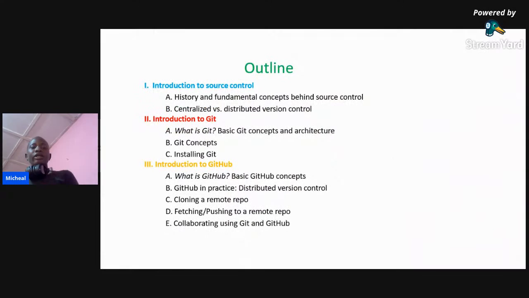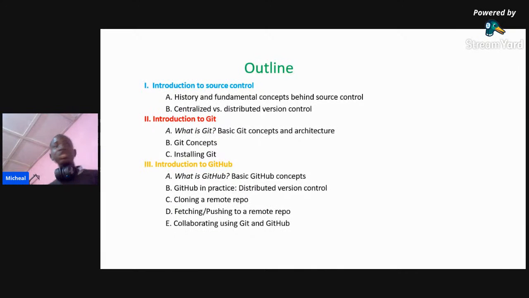Now, this is the outline for the session. Firstly, we have an introduction to source control, and we'll be talking about the history and fundamental concepts behind source control. We'll be talking about centralized and distributed version control, and next an introduction to Git.